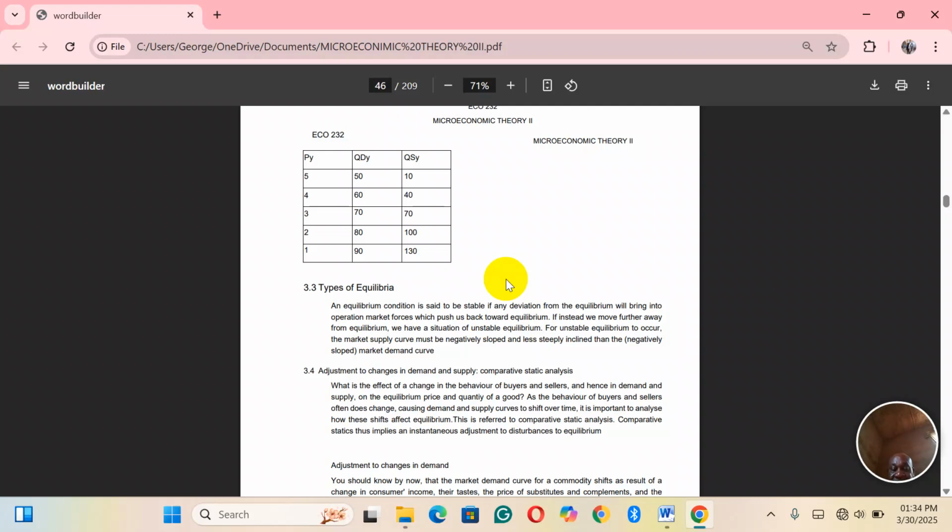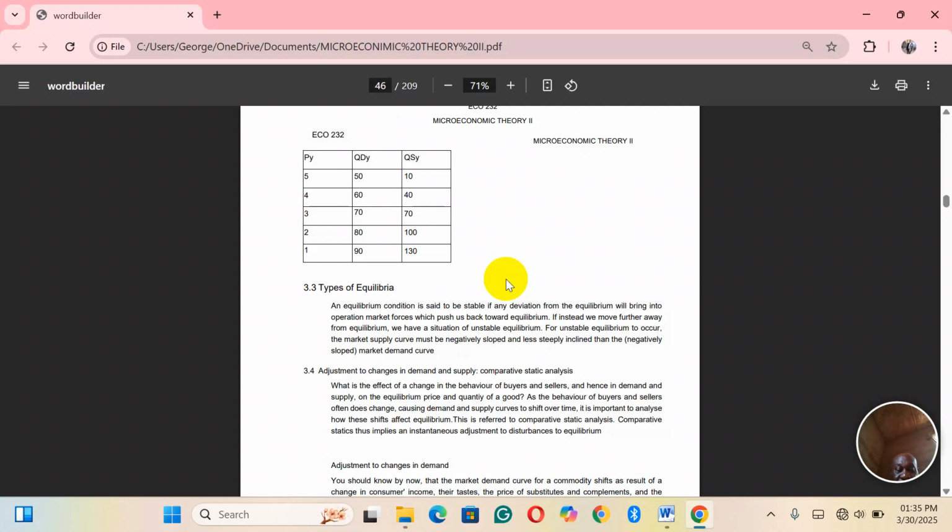If instead we move further away from equilibrium, we have a situation of unstable equilibrium. For unstable equilibrium to occur, the market supply curve must be negatively sloped and less steeply inclined than the negatively sloped market demand curve.